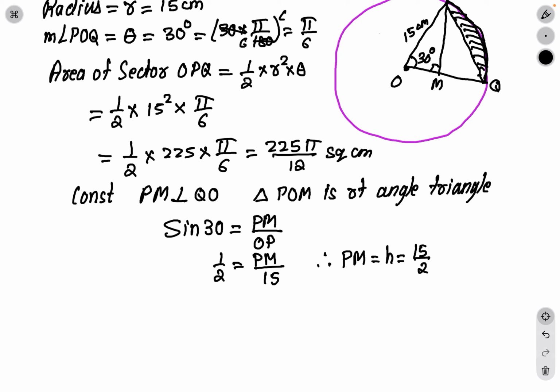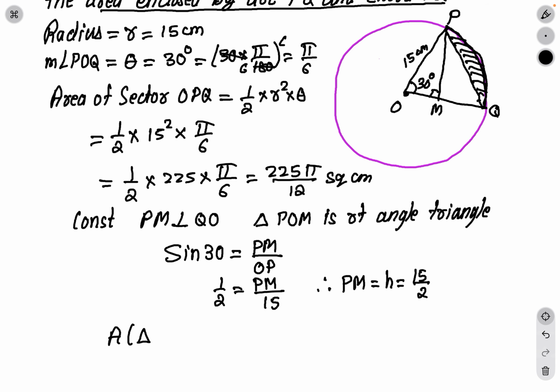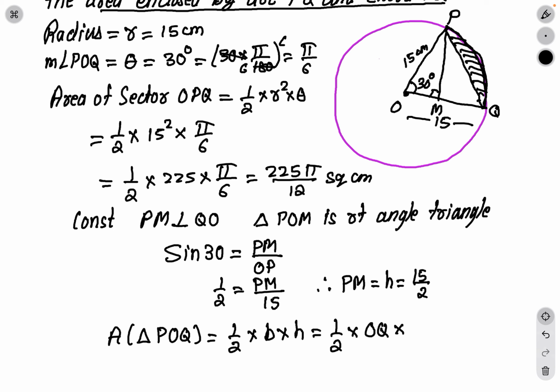Now we will find out area of triangle POQ, that is equal to half base into height. Here the base is OQ, that is the radius, so this is 15 centimeter, into height is PM.